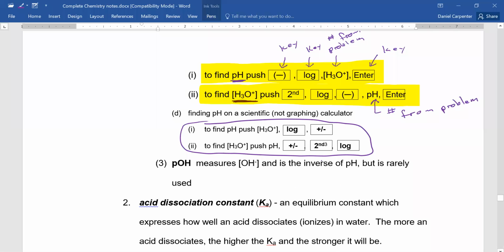And these are the numbers from the problems. Let's see, to find pH, push this, and to find this. And these are the numbers from the problems right there. But hopefully you've got a graphing calculator.